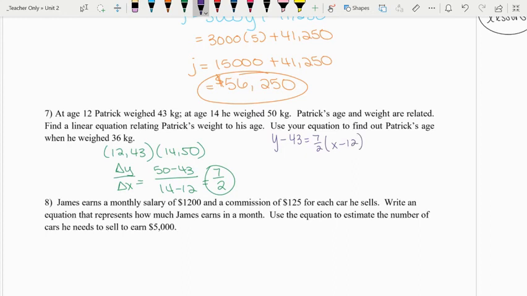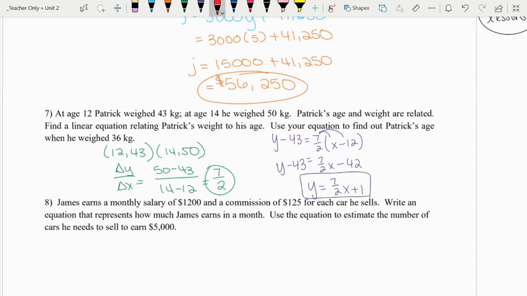You can leave the equation like that, but I would start solving for y. So we have 7/2 x minus, that would give me 6 times 7, which is 42. All we have to do is add 43, and our equation is 7/2 x plus 1.